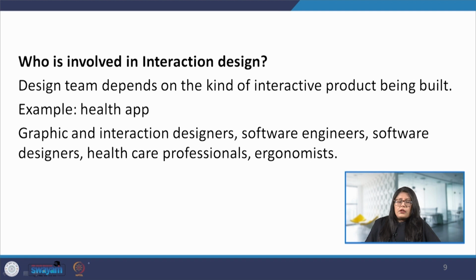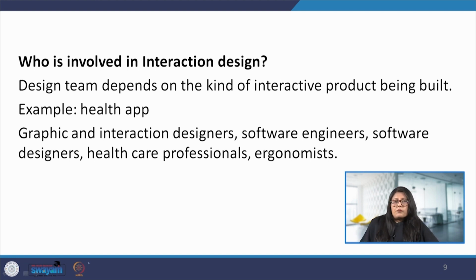For example, if we are working to design a healthcare application, we will need a graphic and interaction designer, software engineers for coding, and maybe some AI experts who can design an app which can predict certain things. Then we will need healthcare professionals who can guide what needs to be solved, what needs to be found out, what could be the solution, and so on.